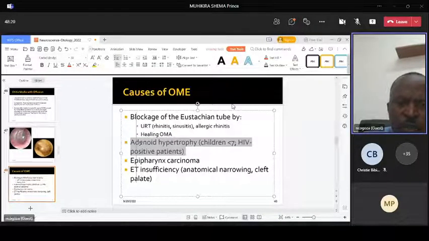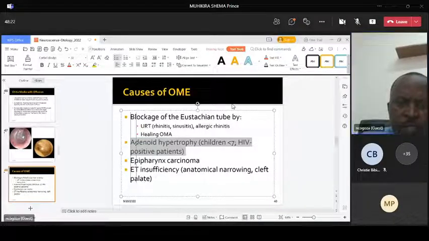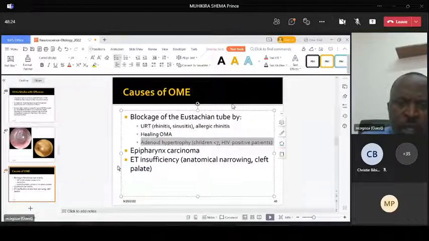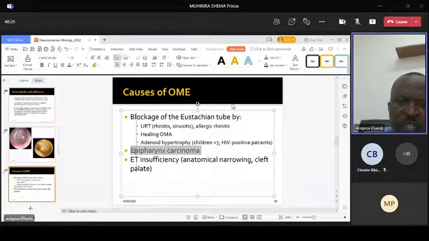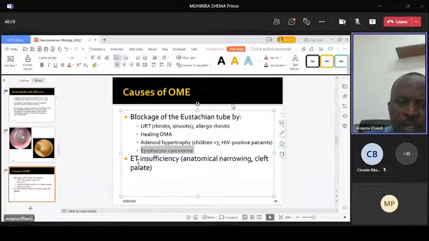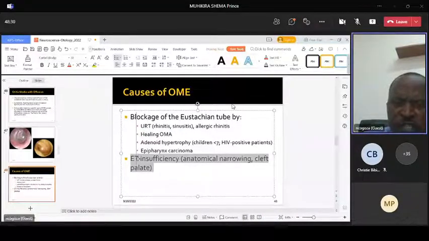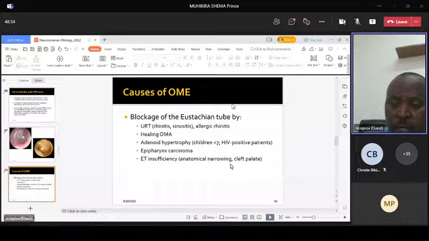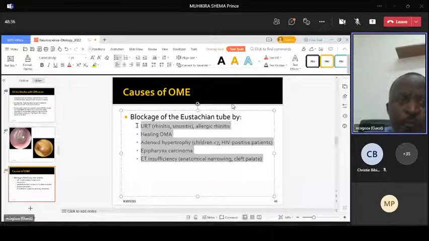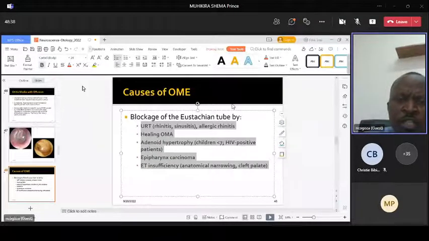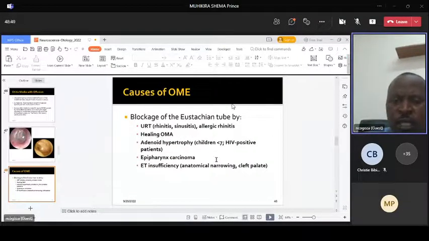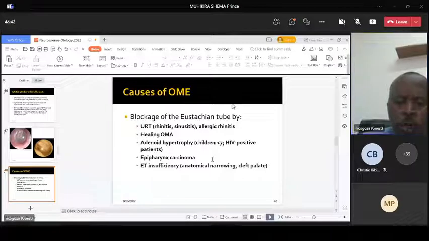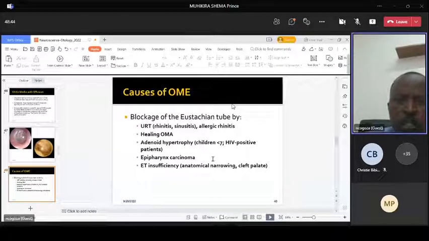Other causes of eustachian tube dysfunction are a tumor in the nasopharynx and eustachian tube insufficiency. Eustachian tube insufficiency is what we talked about in the case of cleft palate. Those are causes which may cause the eustachian tube to be closed, not working properly. So this is important.